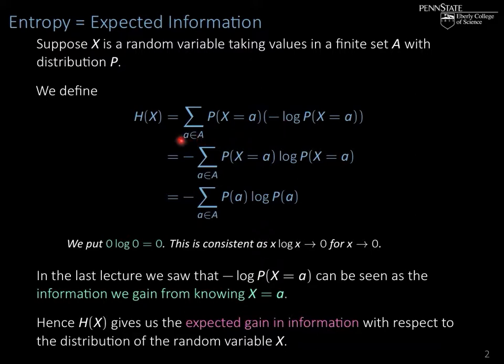Because we sum over all possible outcomes of the random variable according to the probability of that outcome. So the entropy of a random variable is, in that interpretation, the expected gain in information with respect to the distribution of the random variable.